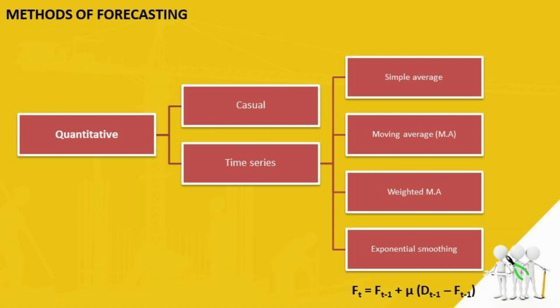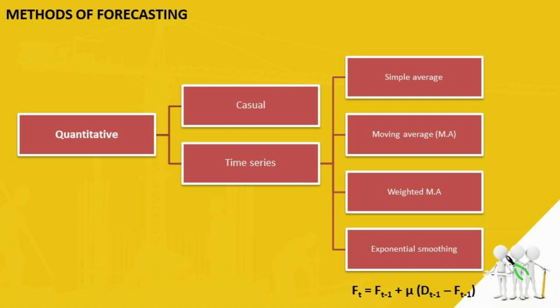Now we have the simple moving average method. In the simple moving average method, the average of the demands from several of the most recent periods is taken as the demand forecast for the next time period. Here also, the number of past periods used in calculation is selected in the beginning and is kept constant.